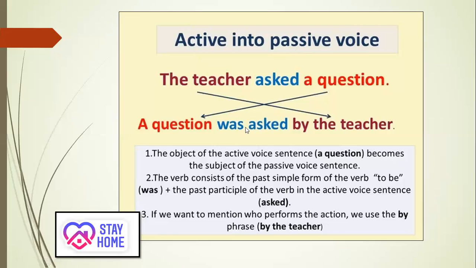Una pregunta fue hecha por el profesor. Entonces, el profesor acá, que es el sujeto, pasa como objeto. Y como puede ver en las flechas, queda invertido. Pero continuemos con la siguiente diapositiva.